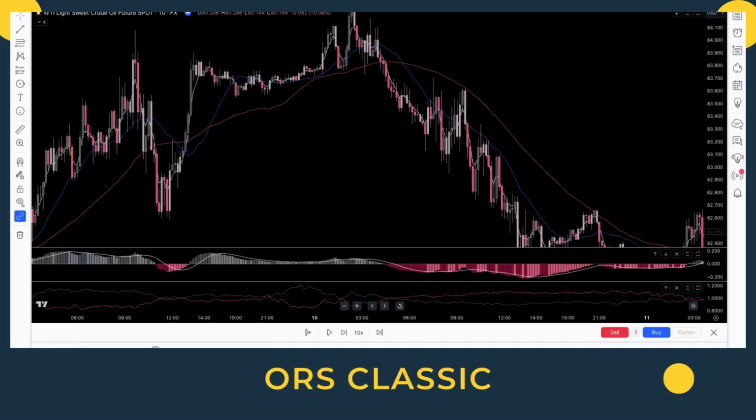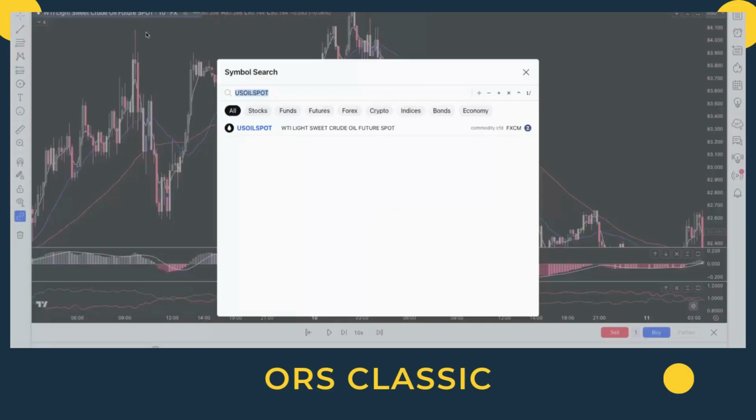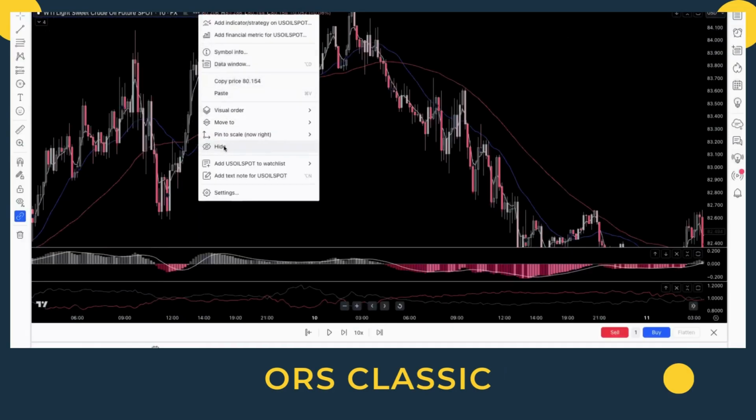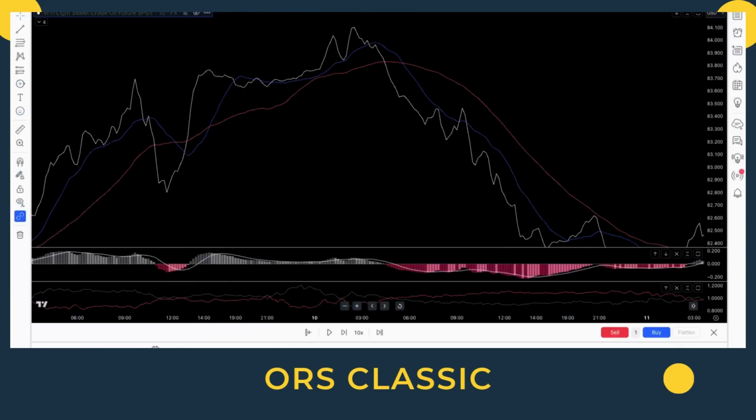All right, so here is an example of the ORS Classic on the charts. I'm going to first start with the 4 steps. Turn the candles off. All right, so start with the cross of the MACD, which I'm going to start with that one.